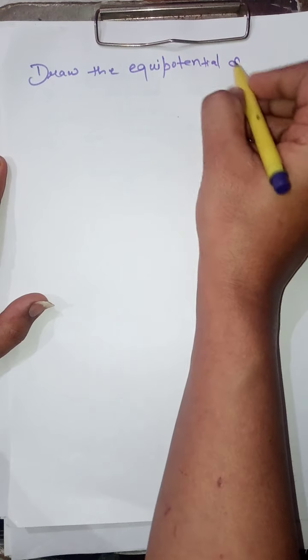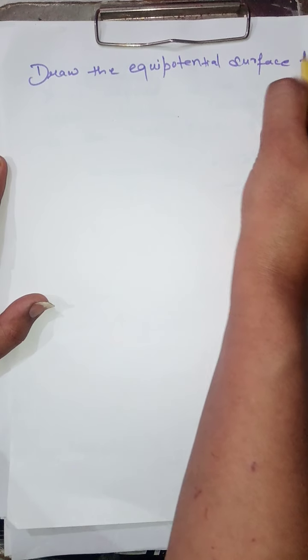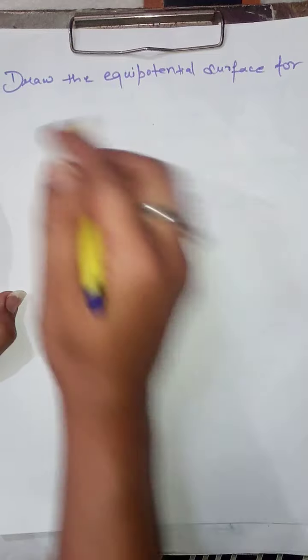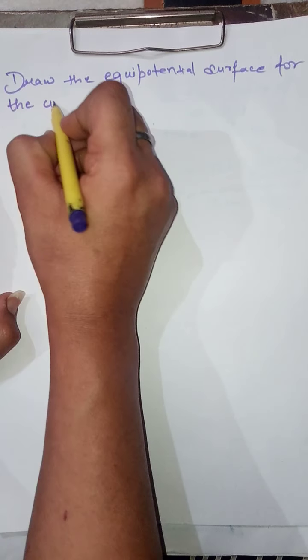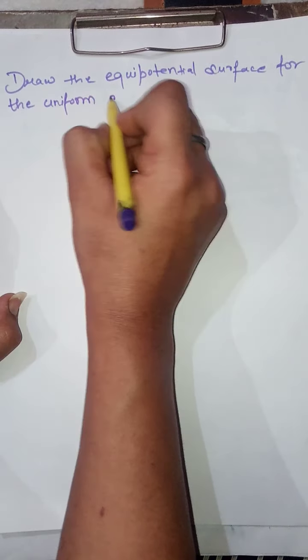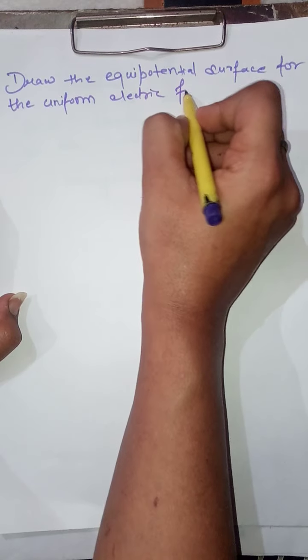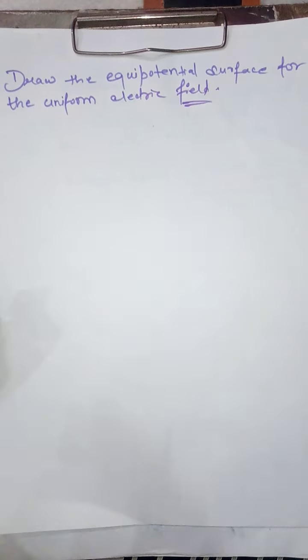Equipotential surface for the uniform electric field. If we have a uniform electric field, then you have to draw the equipotential surfaces. How?